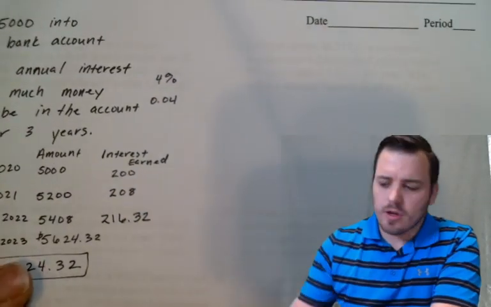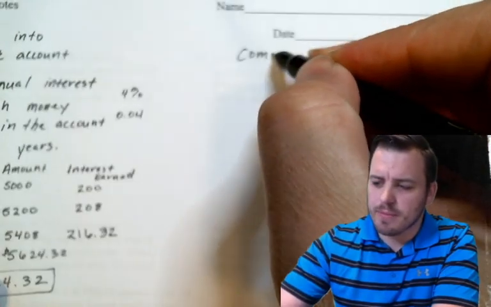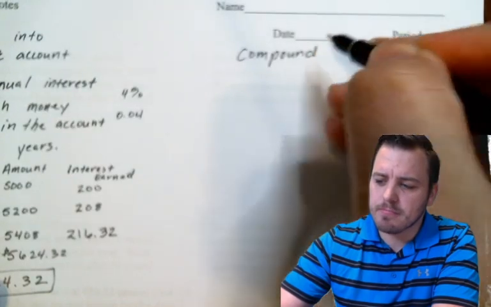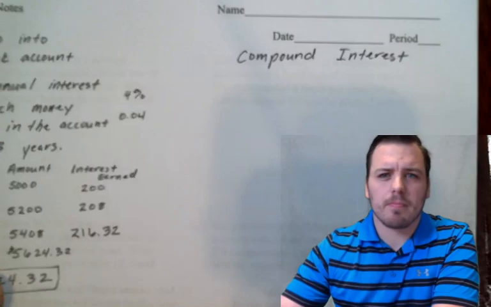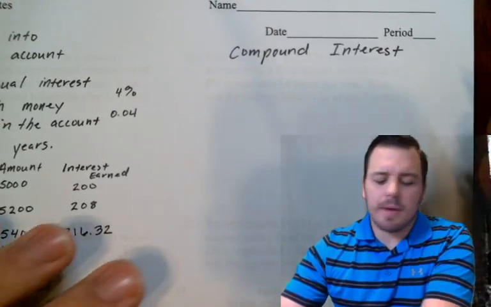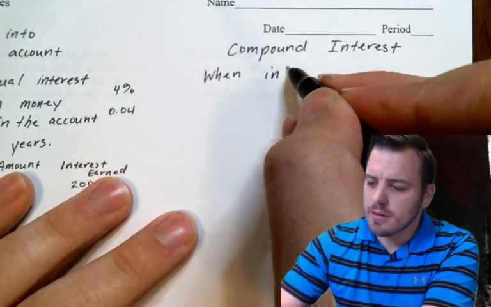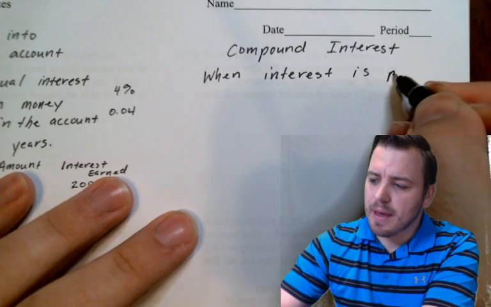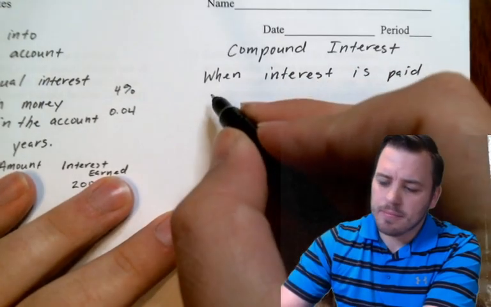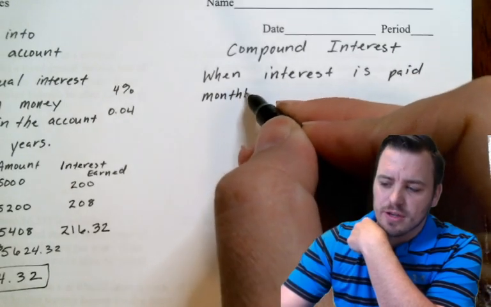Okay? So compound interest. Just going to write a few notes about compound interest. So compound interest is when interest is paid monthly, or it could be paid once a year.